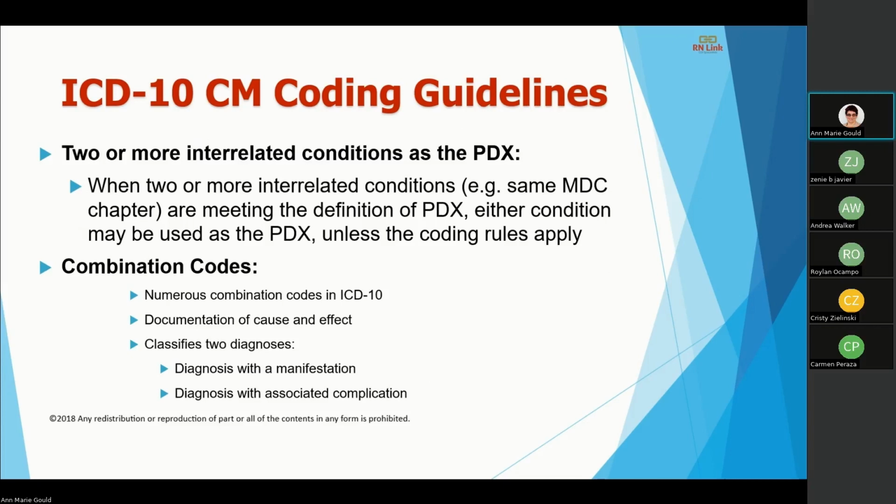And usually what comes to mind are your diabetes codes: diabetes with hyperglycemia or hypoglycemia, diabetes related to CKD, or hyperlipidemia. Those are some of the combination codes that I think of right off the bat when I'm looking at this particular coding rule.